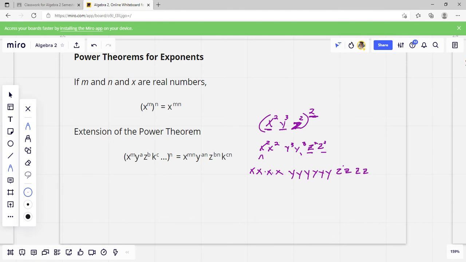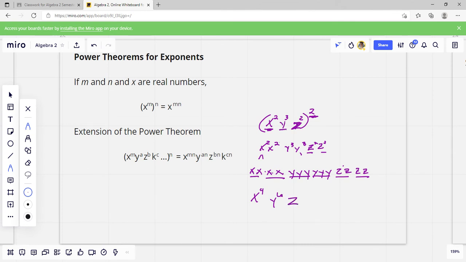So for my x squared, I've got x squared and x squared. Y to the third squared, I have a y to the third and another y to the third. My z squared, I'm going to have z squared and z squared. When I count all those up, I'm going to have x 1, 2, 3, 4. And then for my y, I'm going to have 1, 2, 3, 4, 5, 6.